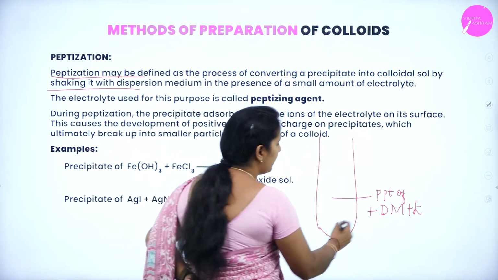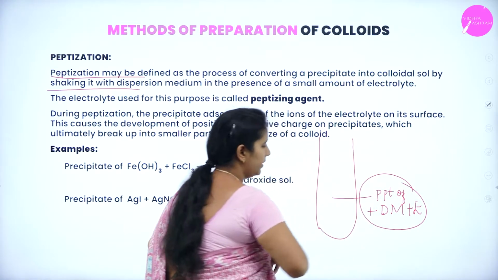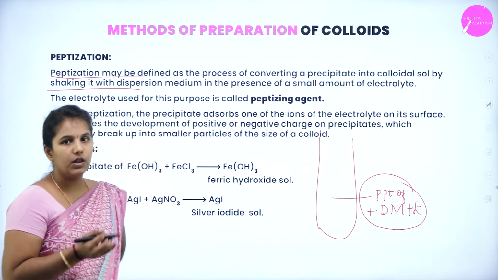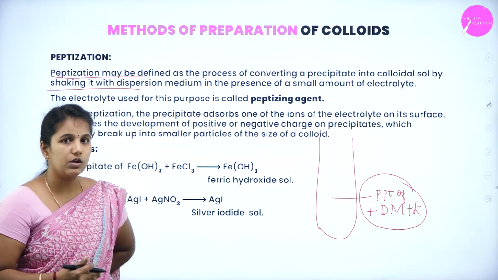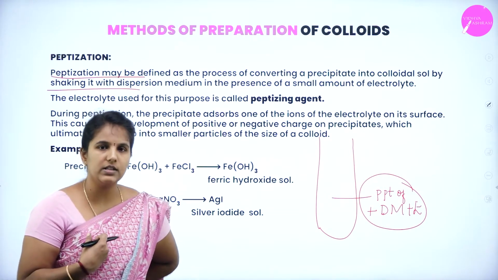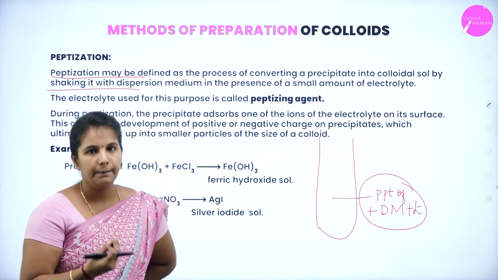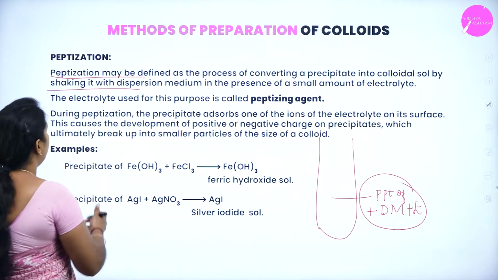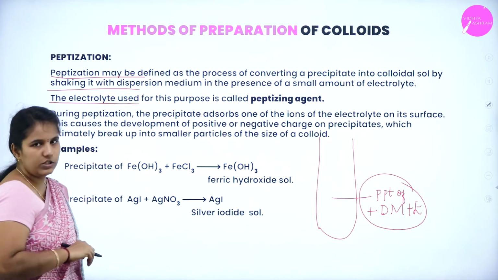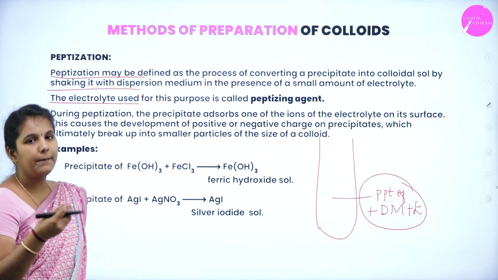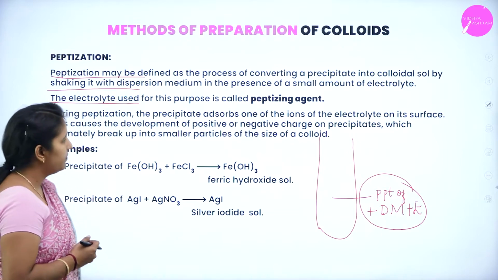So what will happen? This precipitate will be converted into a colloidal solution. This process of converting a precipitate into a colloidal solution by using a small quantity of electrolyte is known as peptization. The electrolyte used for this purpose is known as the peptizing agent.